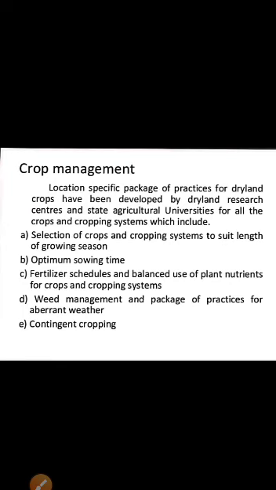They have selected the crops and cropping system to suit the length of the growing season, so the crop selection and the cropping system are to be analyzed. Second, optimum sowing time. There is an optimum time of sowing, which is to be kept in mind. Third one is the fertilizer schedules and balanced use of plant nutrients for crop and cropping system.